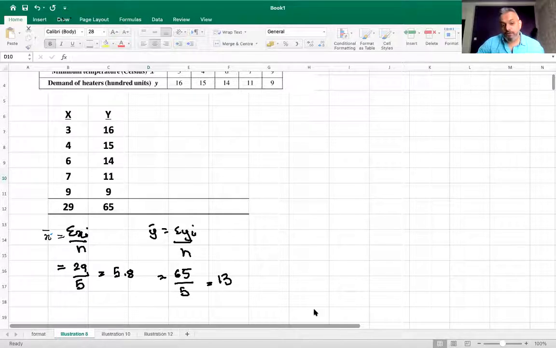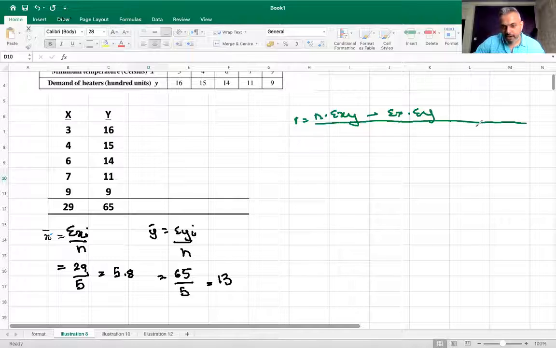So which formula will we go for? We will go for this formula. r is equal to n sigma xy minus sigma x into sigma y upon under root of n sigma x square minus sigma x the whole square, under root n sigma y square minus sigma y the whole square.